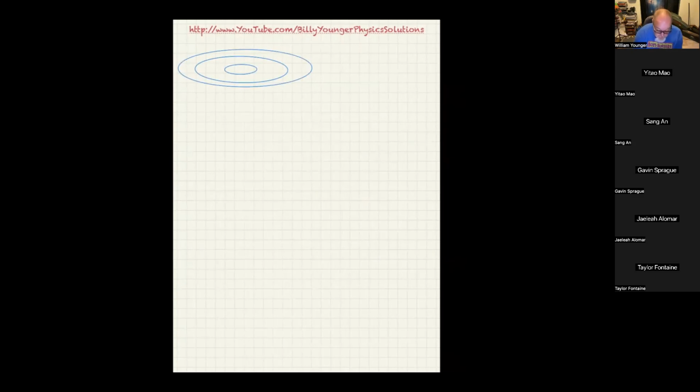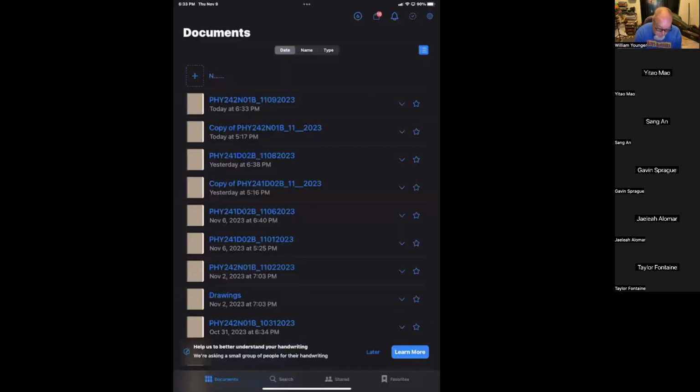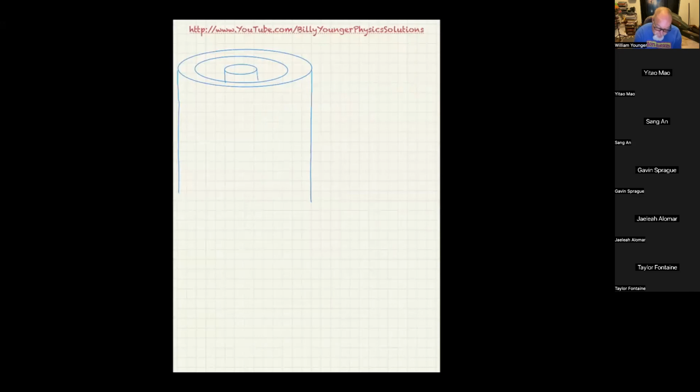And then I'm going to draw a straight line down, and another straight line down, and another. I didn't like the way that line turned out, and I don't have much time, but anyways. So this is a straight line down as well, like that. That's really what we're looking at.